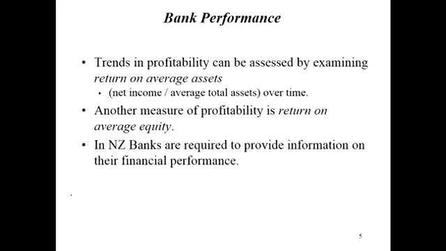When you look at return on equity, it's 18.6% for the average New Zealand bank. That's quite a good return on their equity, whereas 1.4% on the assets looks very small. It's simply due to the fact that they're very highly leveraged. In terms of overall rank, we're 4th in the OECD, so our banks are doing quite well in terms of earning a return for their investors.